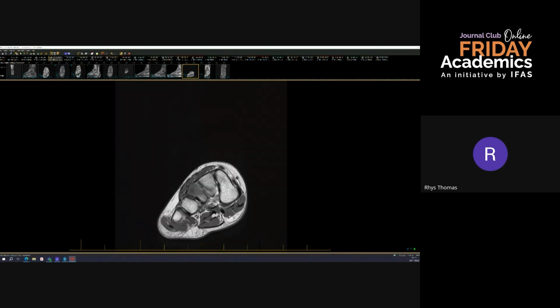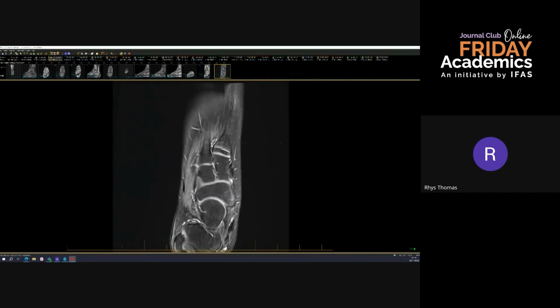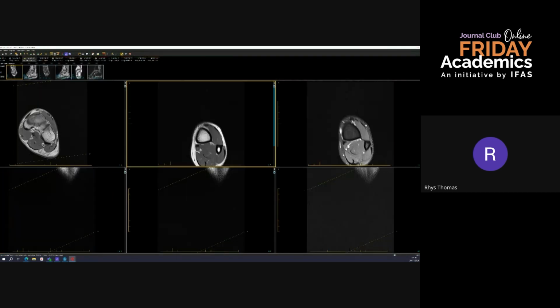Obviously, we've got the dorsal interosseous, which is the main component centrally running between the medial cuneiform and base of the second metatarsal. And then we've also got a broad plantar component here. We can see all these are intact, and I'll come back and compare this later. This is the normal appearance on axial imaging, and we get a good look at this frequently on MRI.